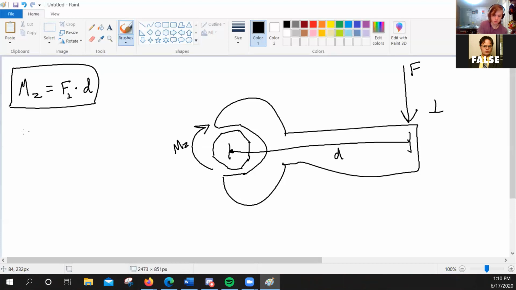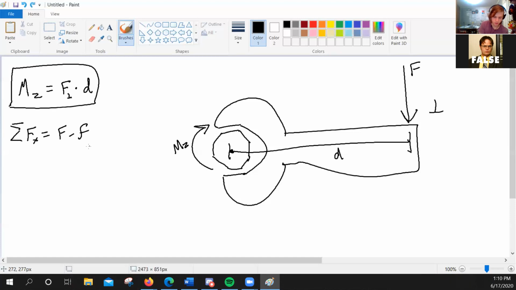When we start doing equations of equilibrium, like we did with forces, it's basically the exact same thing. So you know how when we did sum of forces x equals, let's say, an applied force minus a friction force? Moments work basically the same way in that you're just adding everything up.